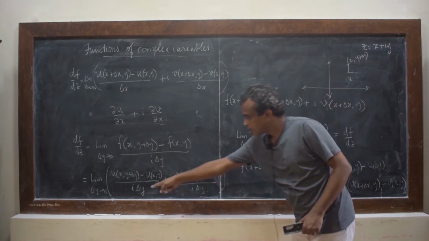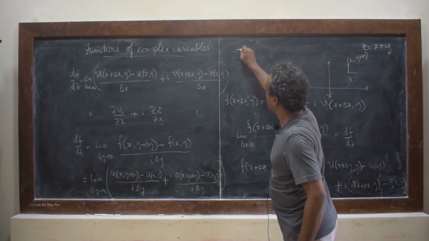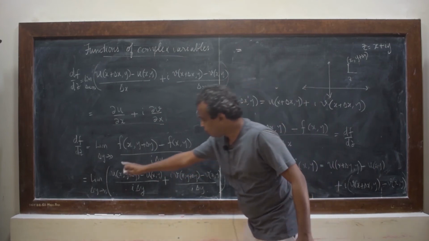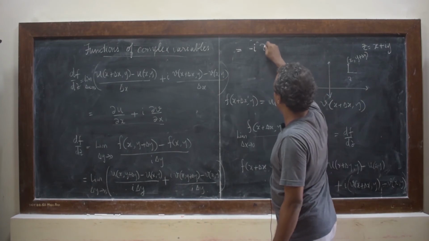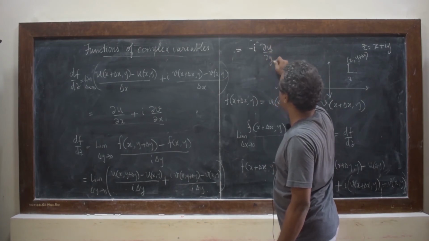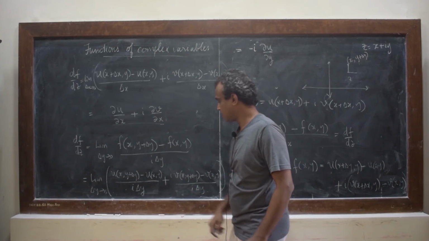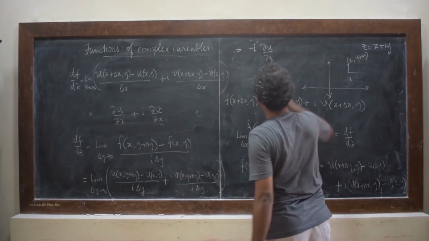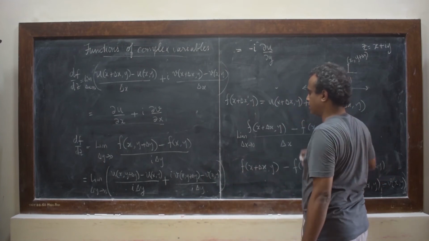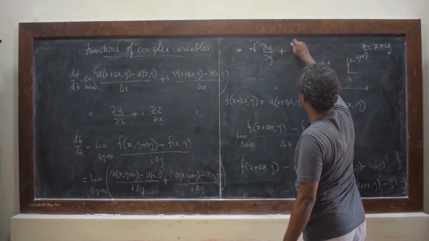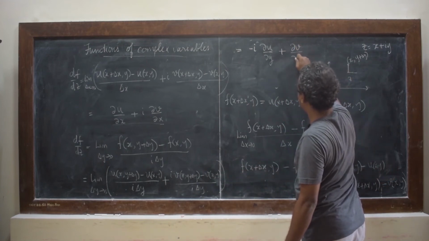So the last line gives us 1 over I, which is nothing but minus I, times the partial derivative of u with respect to y as the first term, and in the next term the factor of I cancels in the numerator and denominator, leaving us with the partial derivative of v with respect to y.